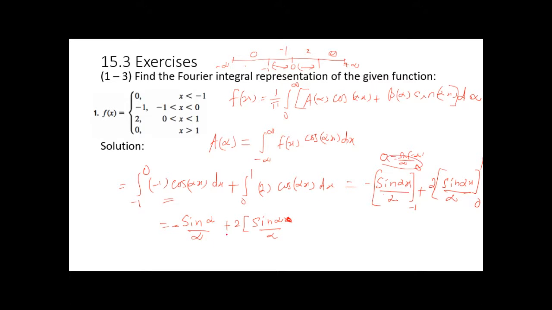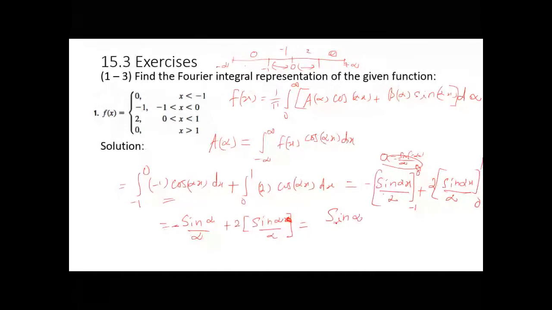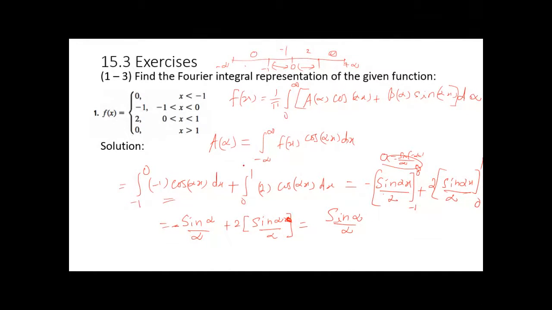Totally it will be negative sine alpha over alpha. The second term is 2 sine alpha over alpha. So when you take sine alpha over alpha as a common term, it gives minus 1 plus 2. So the answer is sine alpha over alpha. This is a of alpha. Now we just erase this part and find b of alpha.